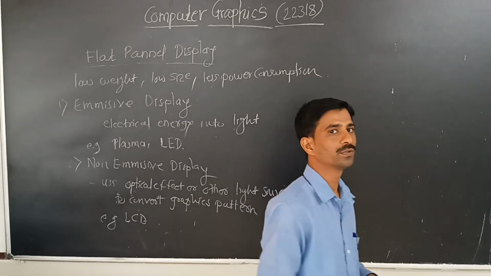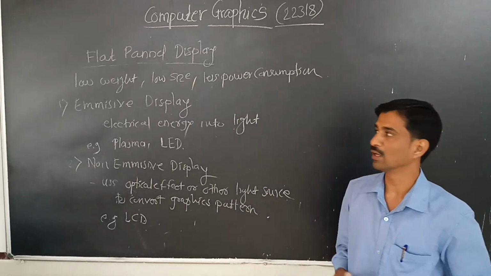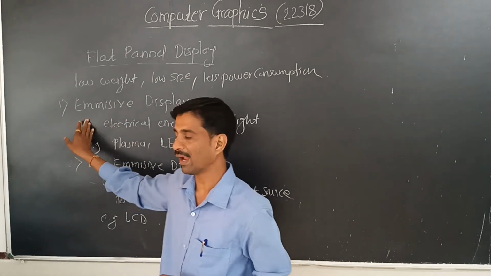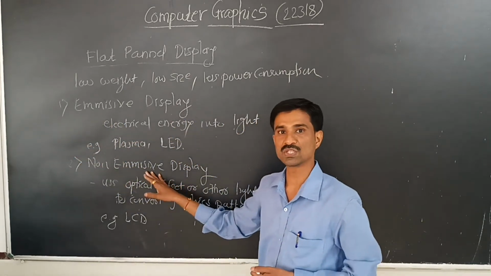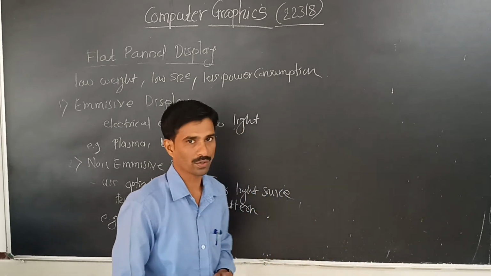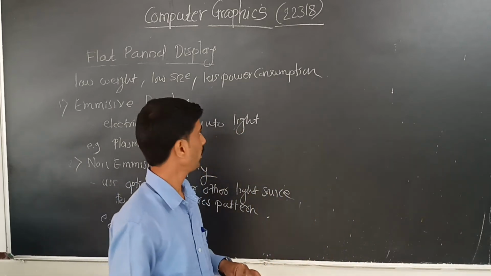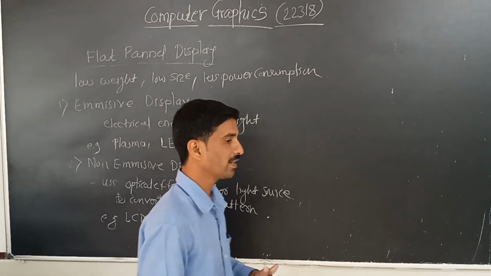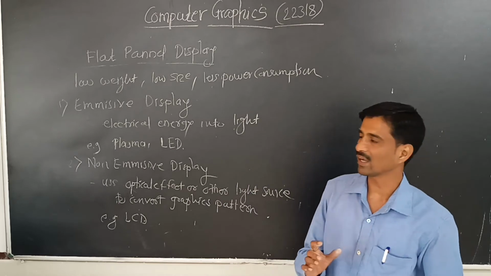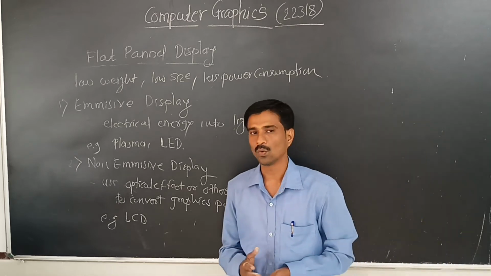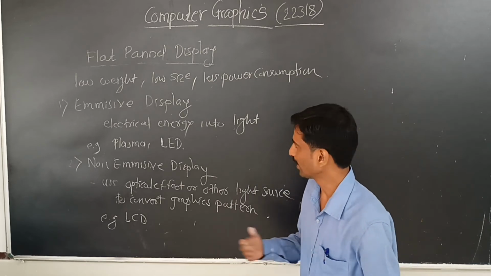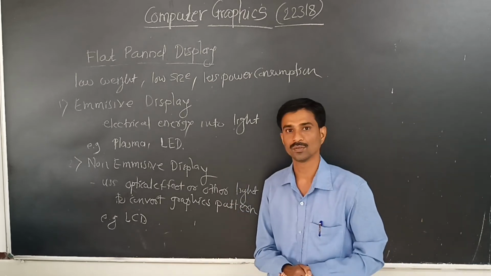So the types of flat panel display are emissive display and non-emissive display. So emissive display means what? In the emissive display, the mechanism used is that whatever electrical energy is there in the device is converted into light.